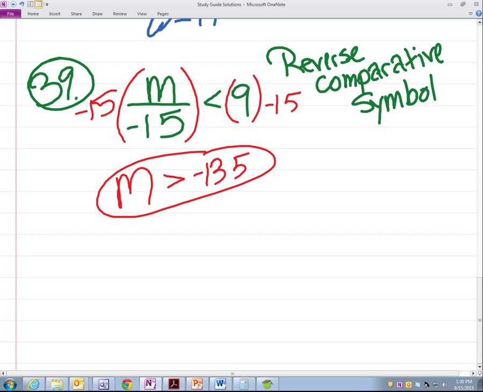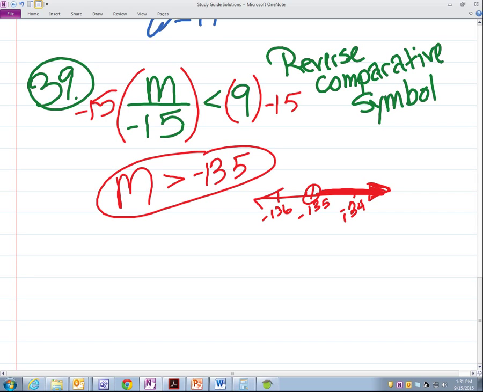M is greater than negative 35. Sorry, 35. So to graph, negative 134, negative 136, open circle, and it goes that way because it's greater than.